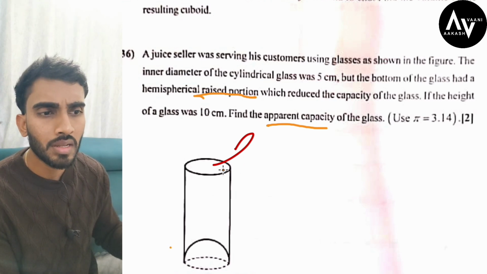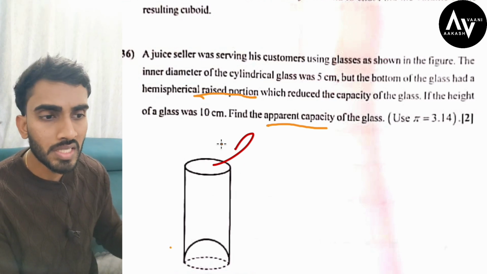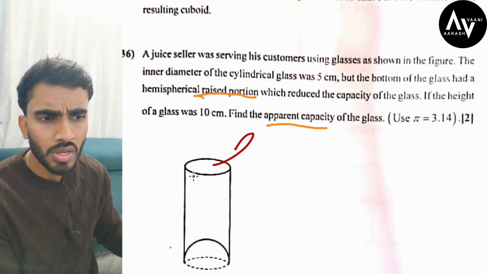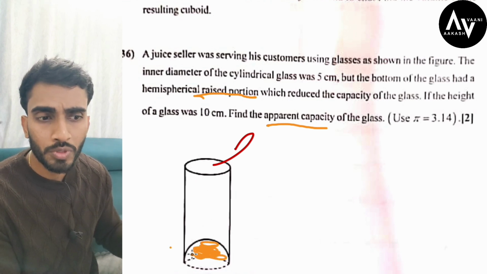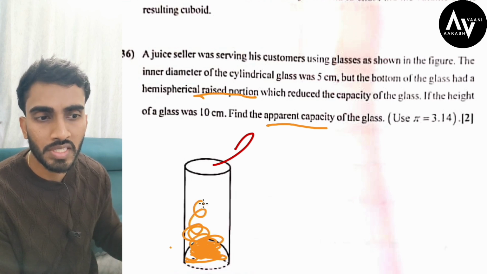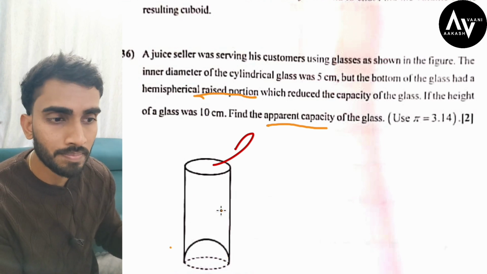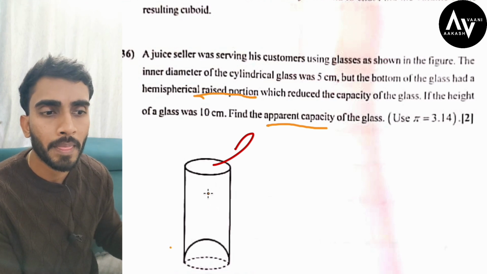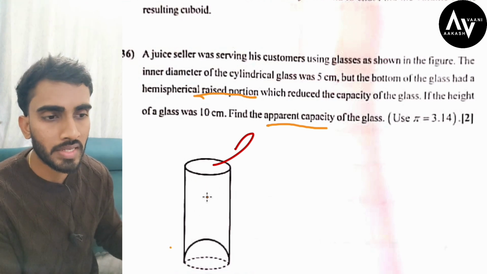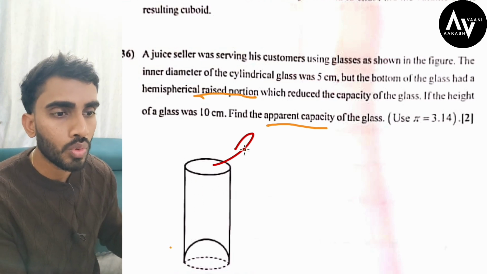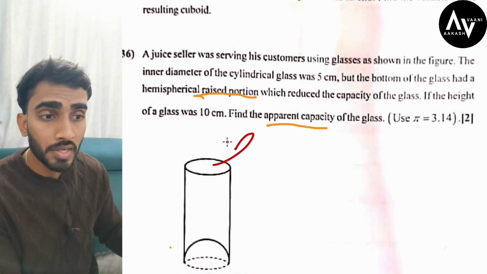That means from the side, when we see this glass filled with juice, we are not going to notice the hemispherical raised portion because it will be covered by the juice. So we are going to think that it is a cylindrical glass completely filled with juice. So we just need to find the volume of the cylinder here.